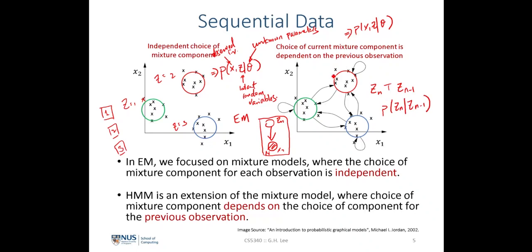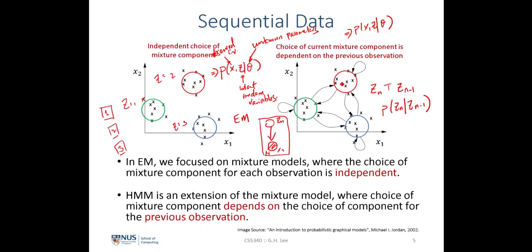Intuitively, what this means is that suppose we are given some observations, the 3 clusters as the example that we have seen earlier. But now we are going to say that the observed random variable drawn from the distribution at this time step n is dependent on the previous observed random variable.